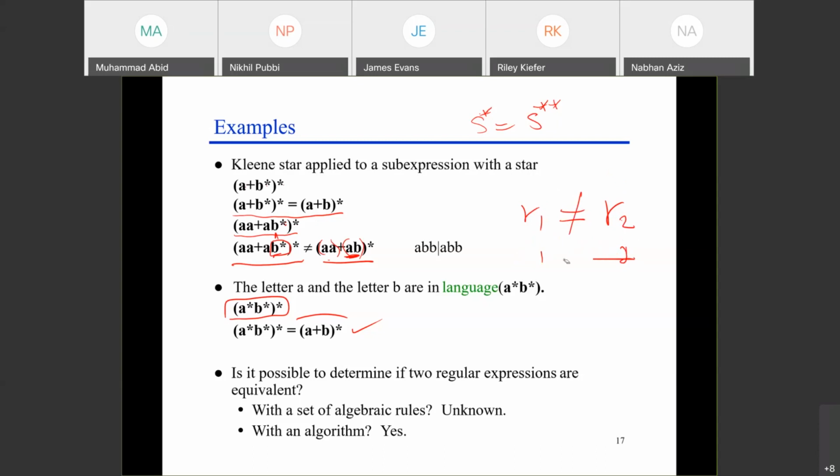But here it is not saying this. You have regular expression 1 and regular expression 2, and I am not interested in knowing what language they represent.